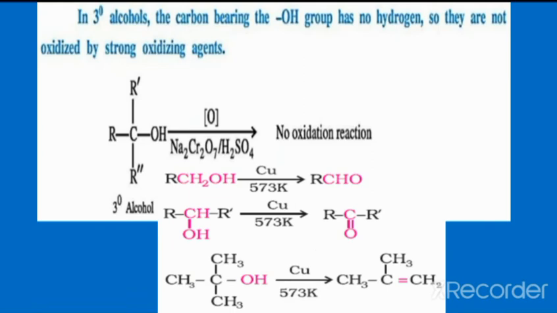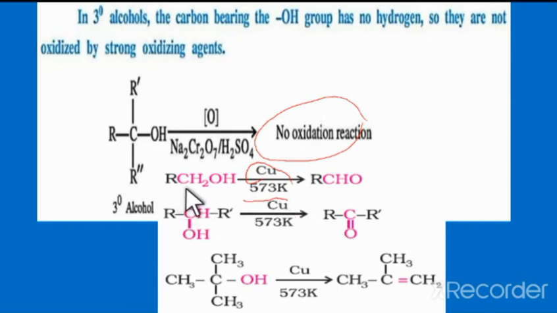Tertiary alcohols do not give any oxidized product, even when treated with a strong oxidizing reagent. Alcohols can also undergo dehydrogenation when passed over copper metal at high temperature, that is 573 Kelvin.